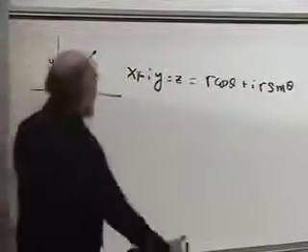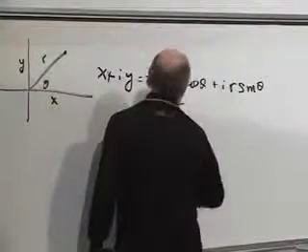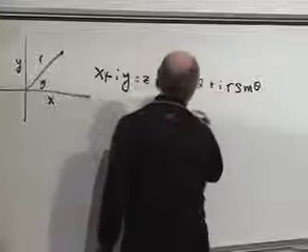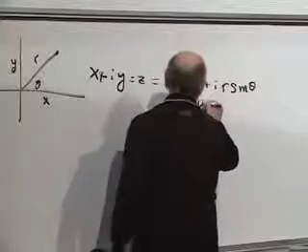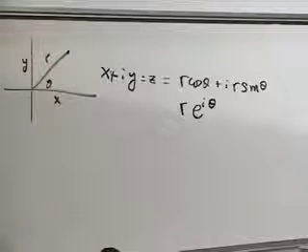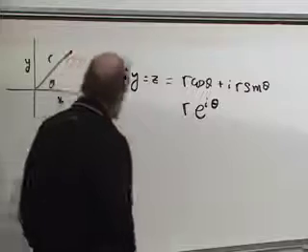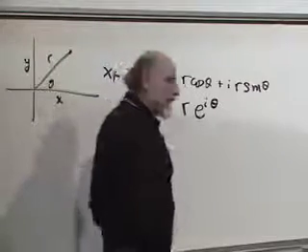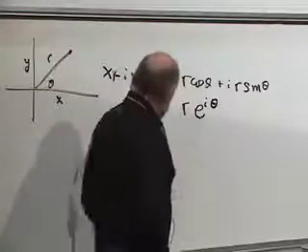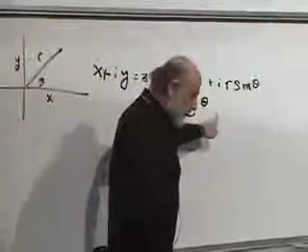And another way of expressing it, which is just more or less notation, is to write it as r times e to the i theta. E to the i theta is just another way of writing cosine theta plus i sine theta. Very quickly, when you multiply two complex numbers, you multiply their r's and you add their angles.